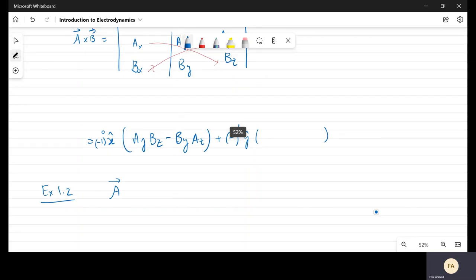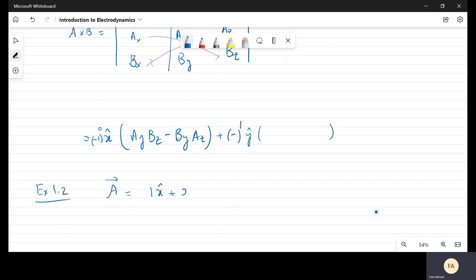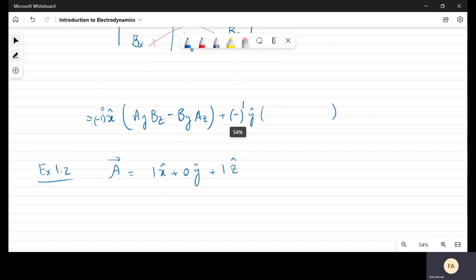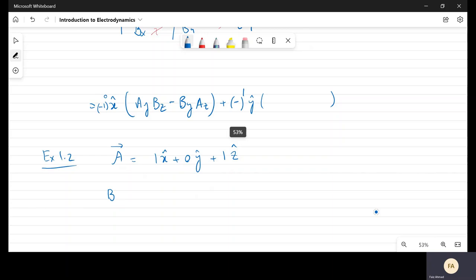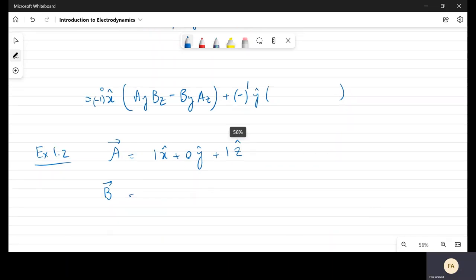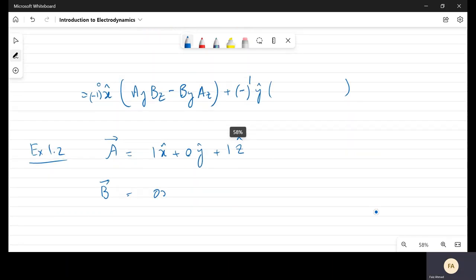Vector A is equal to 1x plus 0y plus 1z, and we have another vector B. Vector B is 0x plus 1y plus 1z, and these are the diagonals of our cube faces.